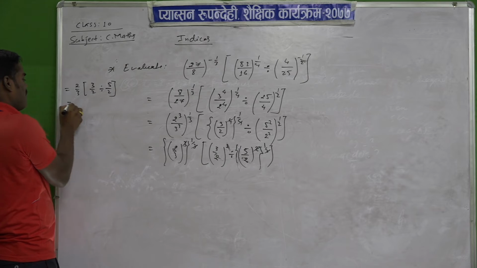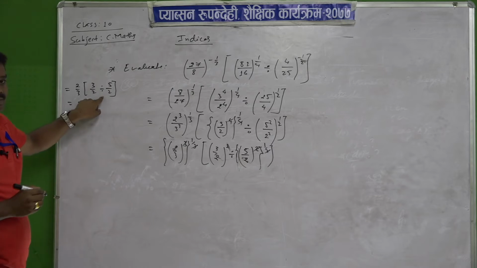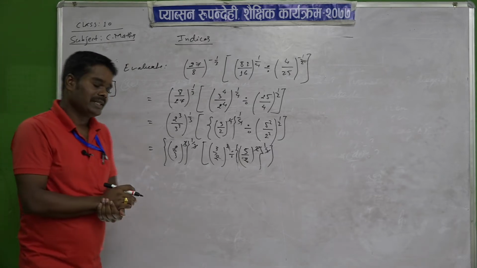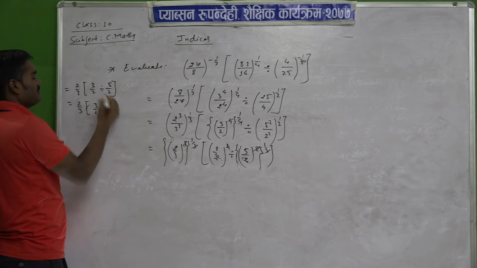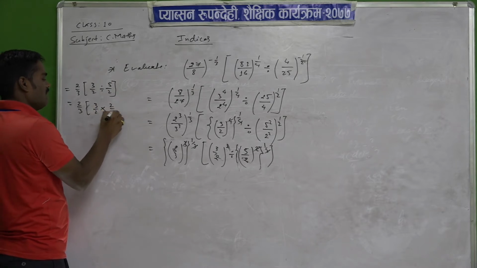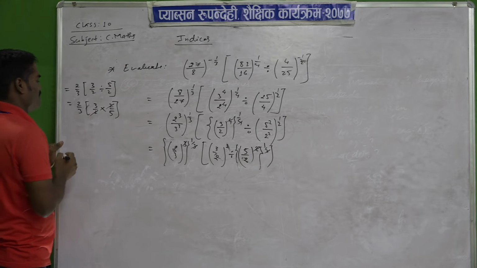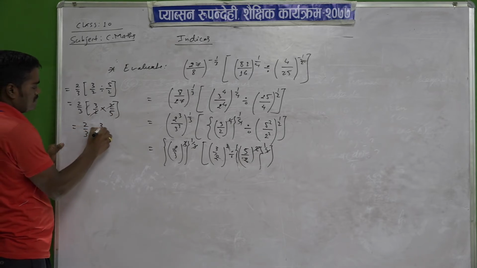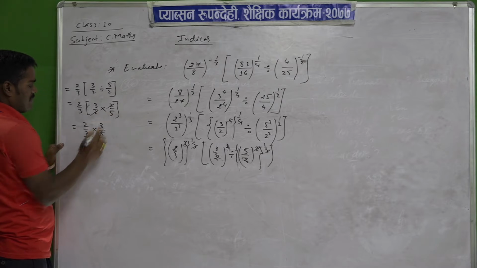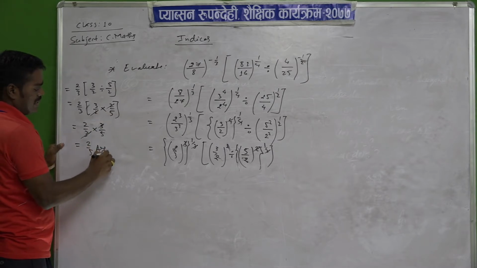So, 2 by 3, and then after here it is in the form of divide. So, change in multiply form. So, what will happen? This will reverse. So, 2 by 5. So, 2 cancel, 2 cancel, what is left? 2 by 3 into 3 by 5. So, 3 cancel, what is left? 2 by 5. This is the answer.